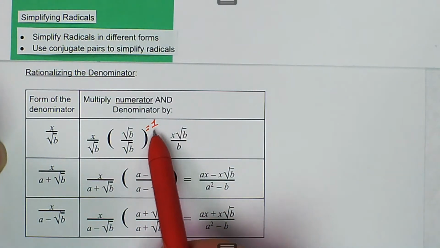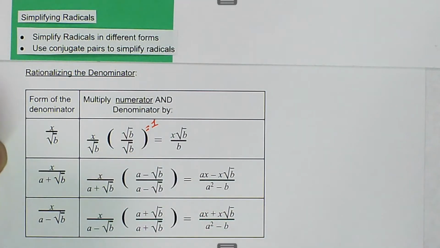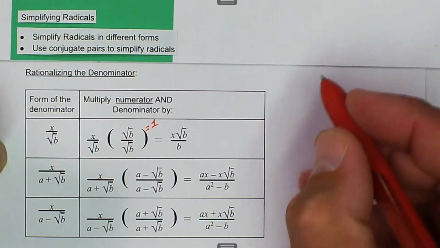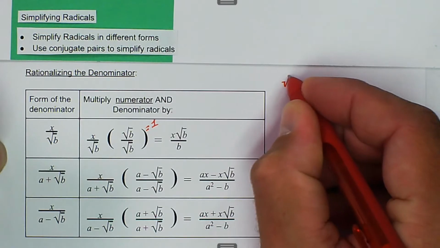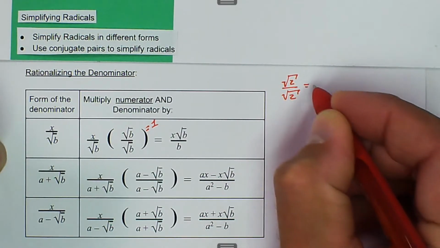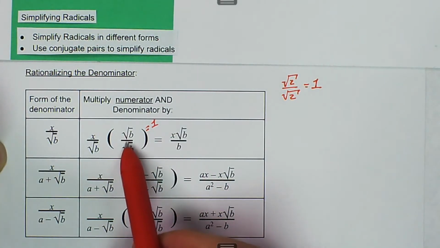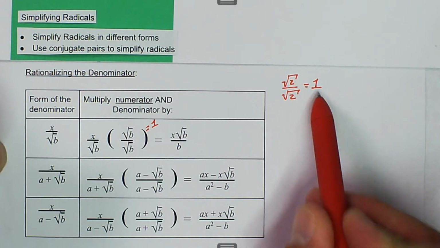It just looks different. If we type in our calculator square root of 2 divided by square root of 2, that answer is 1. So even though it looks different, the value is still 1.